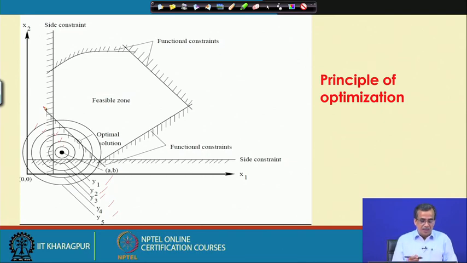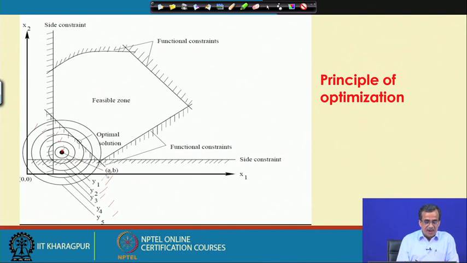Now, the moment I consider y equals to 0, that means I am here. So, this particular point is actually the optimal solution if I consider the unconstrained optimization problem. That means, there is no such functional constraint. The moment we consider the functional constraint, this will not remain as the optimal solution, because this is lying in the infeasible zone. So, we will have to consider the next higher value for this y, say y 1.